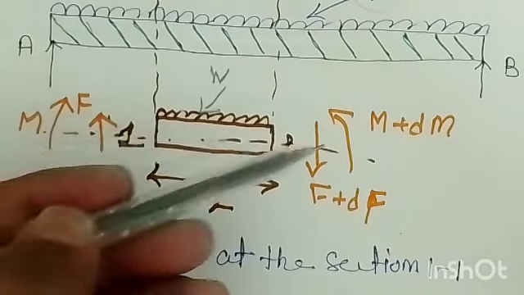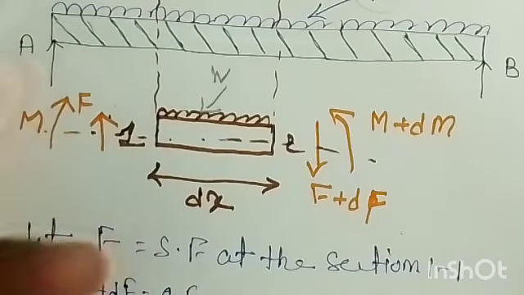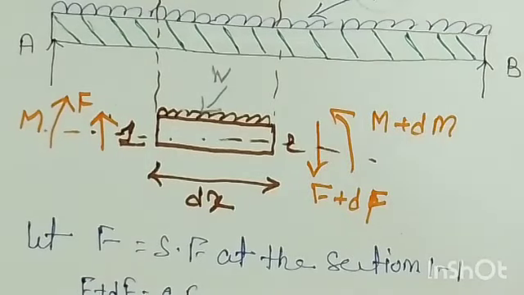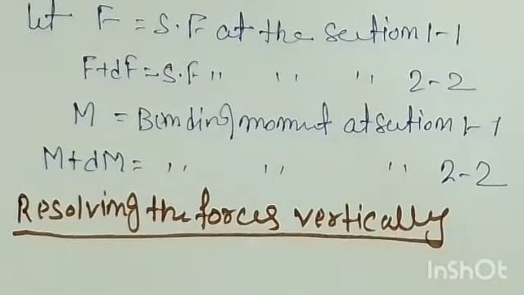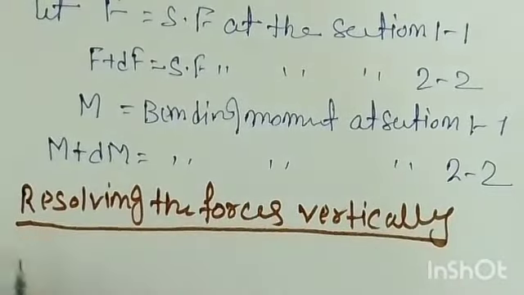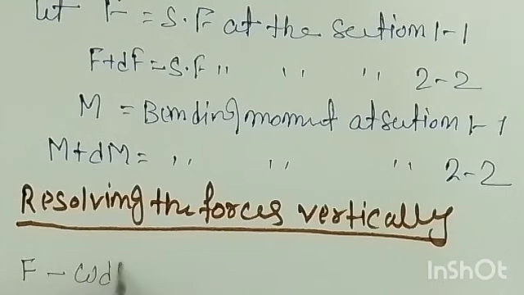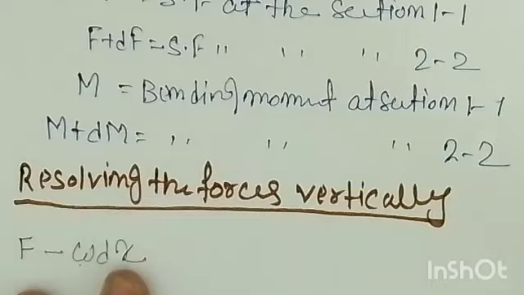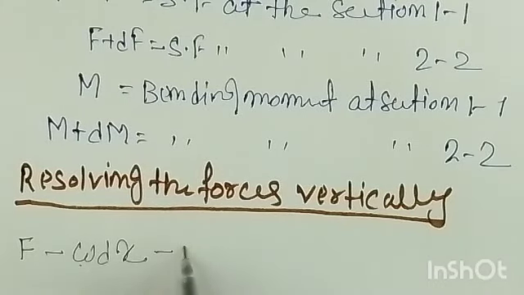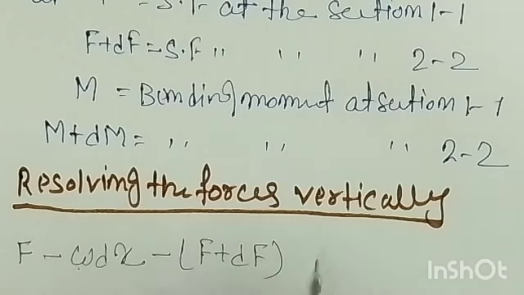F is vertically up, F plus dF is down, and W into dx, which becomes the point load, is also downward. Downward is negative and upward is positive, right? So here you can write F, which is positive, minus W into dx, this is the UDL, and when you multiply the UDL with the distance it becomes the point load, minus (F plus dF), as it is the equilibrium condition.